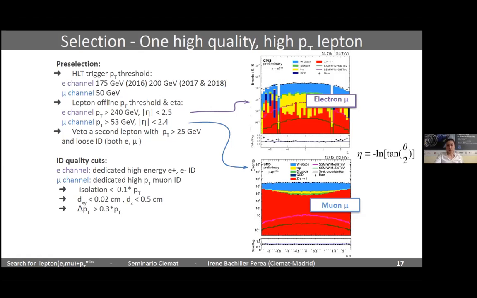So we are really not looking at displaced leptons, as you say, from the primary vertex, but we cut to very small values. Actually, we cut one order of magnitude less than the main muon definition, in order to remove all the cosmic muons coming from the atmosphere.